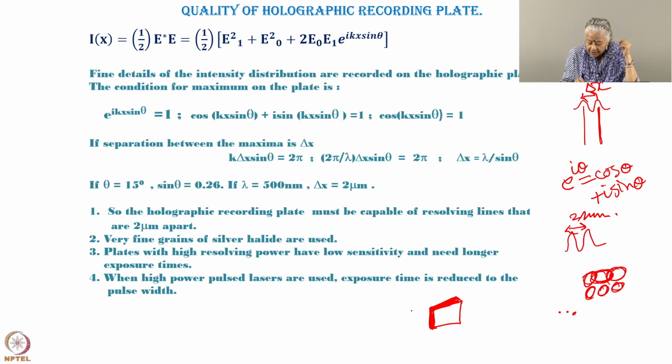So when your reference beam and the signal beam are interacting with each other and they come like this, they are actually forming a pattern, whatever pattern it is, partly into the thickness of the hologram. It's forming a pattern like that into that thickness.